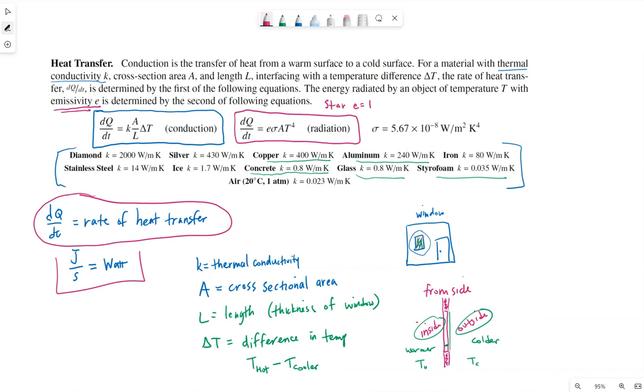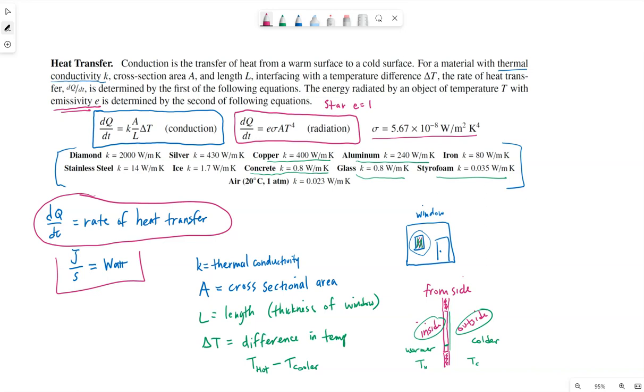But that one means it's a perfect emitter. Other materials that are not emitting, maybe like the moon that's just reflecting light, would have an emissivity value that's less than 1, and it just describes how well it reflects the light. So that is a value that needs to be given to us when we're solving a problem.